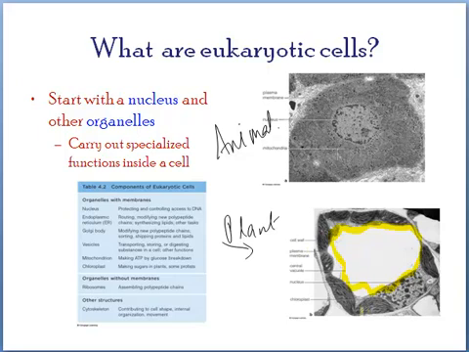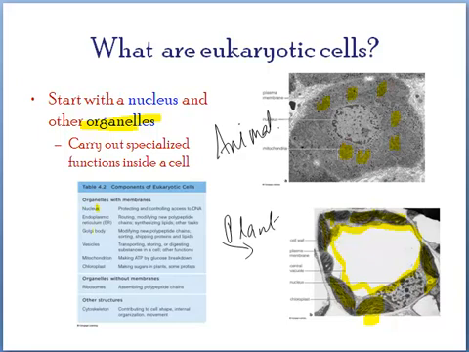Now, besides these, you can see these structures that look like regions that are fixed for certain functions, and these regions are because of what are called organelles. Organelles are membrane-bound structures, and they're very specialized in carrying out certain duties within the cell.